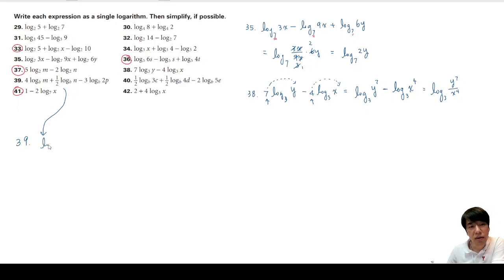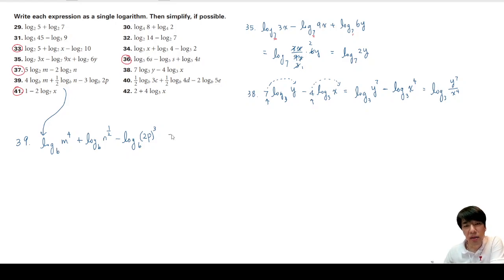So first one is log base b of m to the power of 4 plus log base b of n to the power of 1/2 minus log base b of 2p. Make sure you put a parenthesis here because this exponent will be applied to the whole thing here, 2p. So it's part of 3 here.